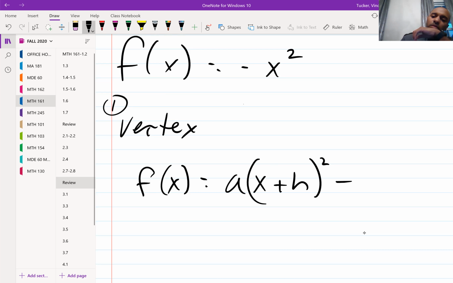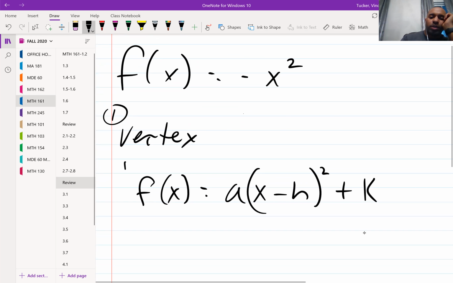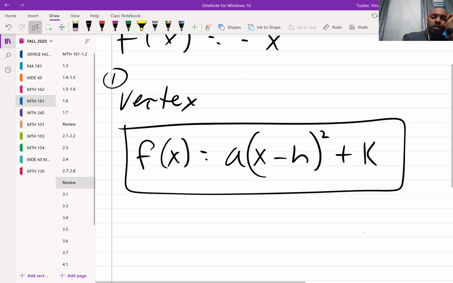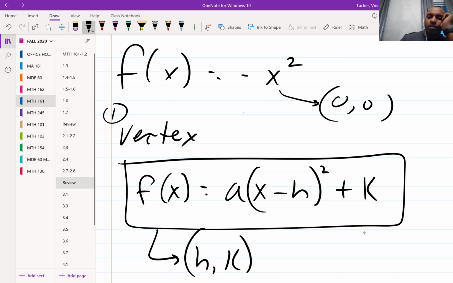Remember when it's in this format, you can pick out h and k for your vertex. So in this situation, it was 0, 0, because you notice there's nothing over here as far as k is concerned, or inside of the square. So that's why the vertex was 0, 0.